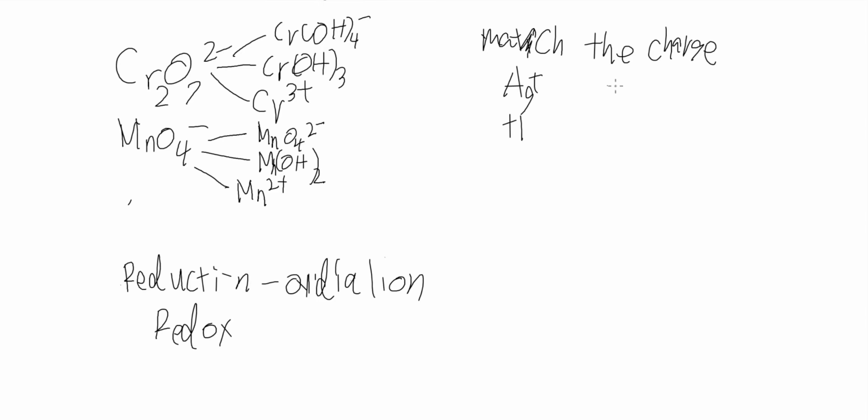If you have a chlorine minus ion, then the oxidation state is -1. If you have an iron 3 plus ion, then the oxidation state is +3. And so on and so forth, right? All the monatomic ions will follow this rule. And this is all for monatomic.